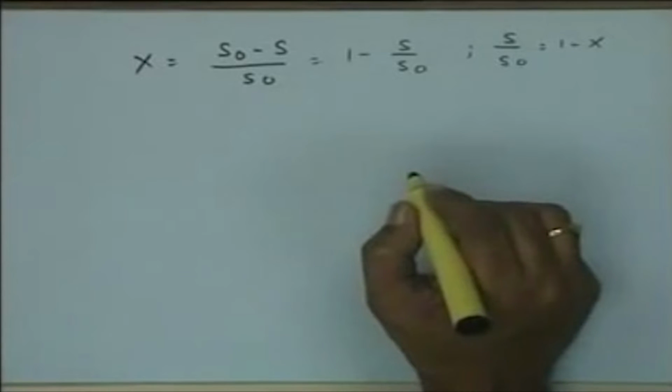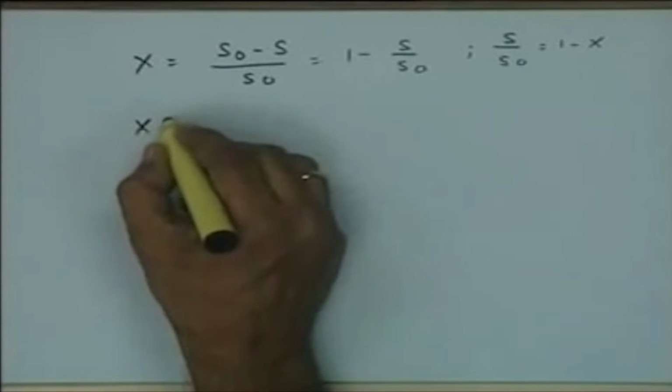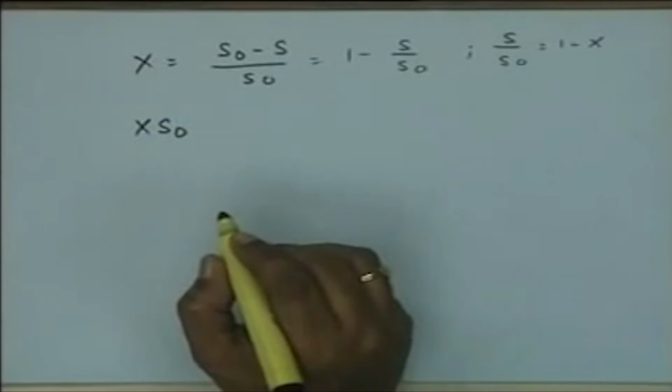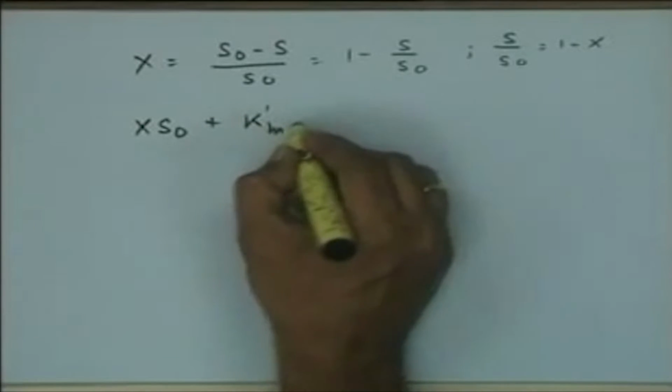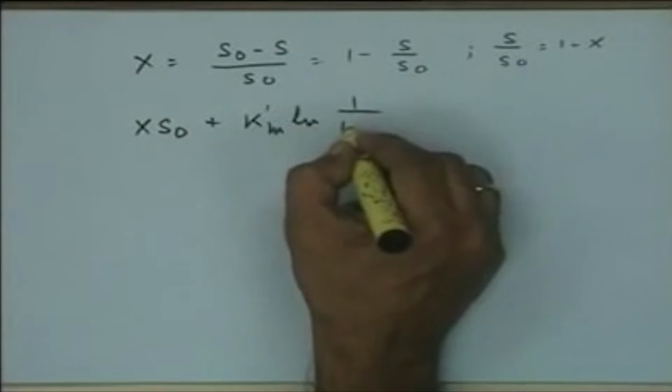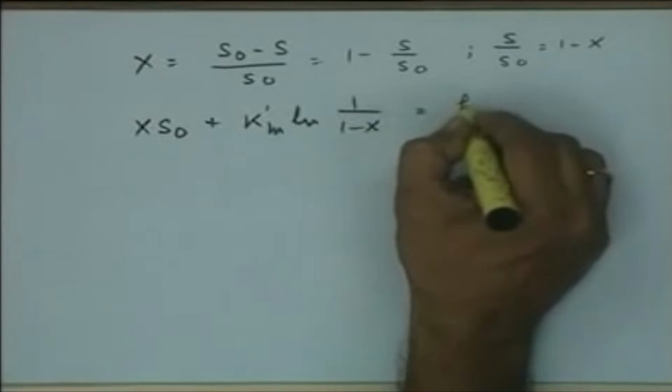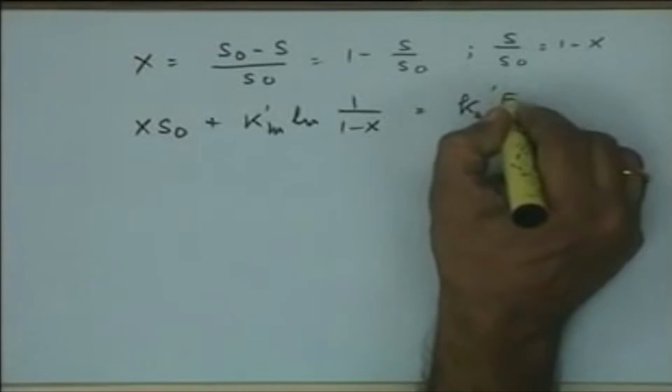So if you substitute all these parameters, you get the reactor performance equation for a batch reactor in the form of fractional conversion, that is K dash m ln 1 upon 1 minus x equal to K2 dash E naught into t.